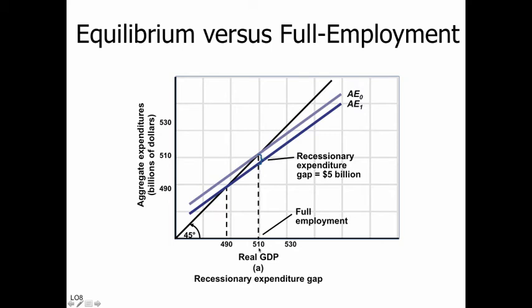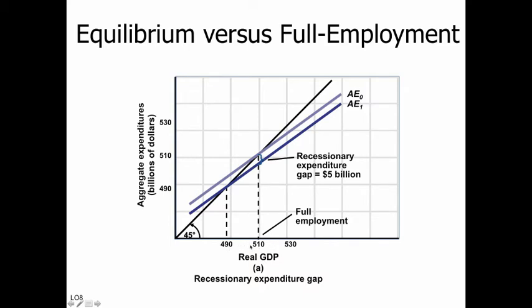We know that if this economy is fully utilizing its resources, it can produce $510 billion worth of GDP. Let's say we just know that's the full employment level. So I therefore know we need to be spending this amount of money. We need to be along this spending line to get to this equilibrium to put the economy right here at full employment. But again, we're not. We're on this lower spending line, putting the economy here.